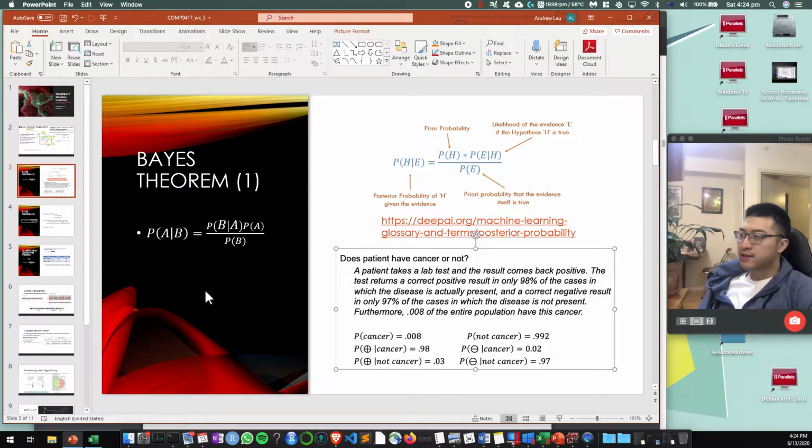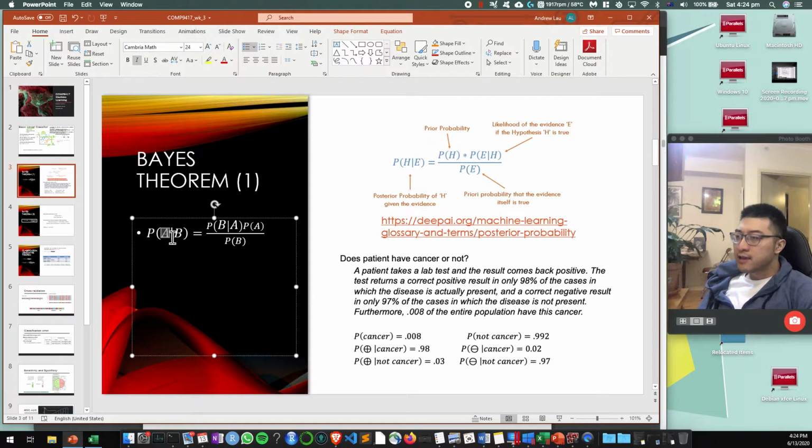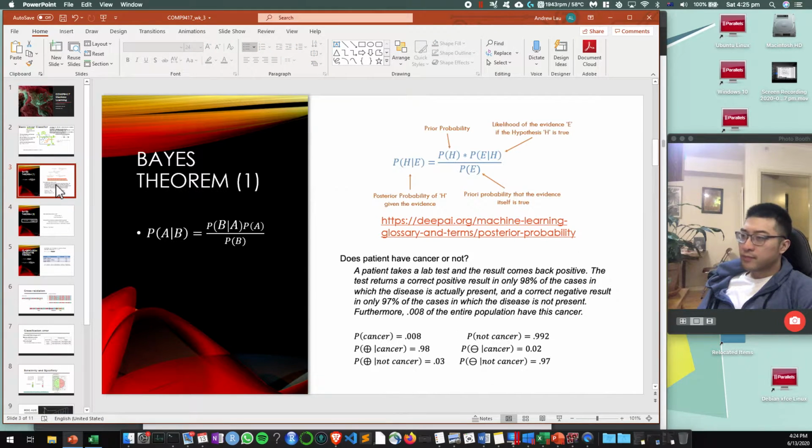So in this case, A would be, say, your cancer, and B would be here, this is just indicating a positive test result. Here it's indicating a negative test result, right? So you can use this. Here we go. You can use Bayes' rule to work out what it is that we actually care about.